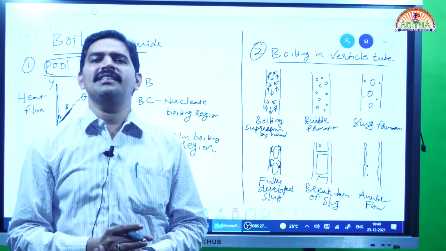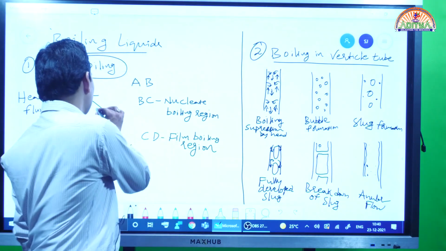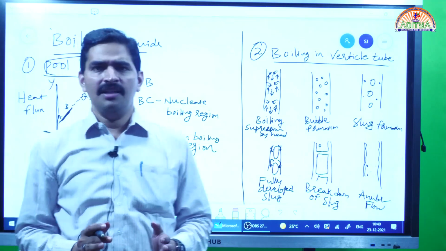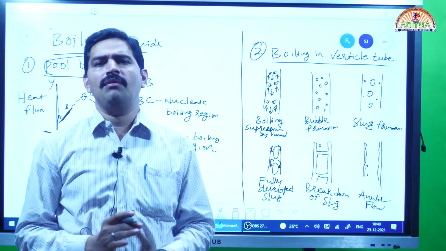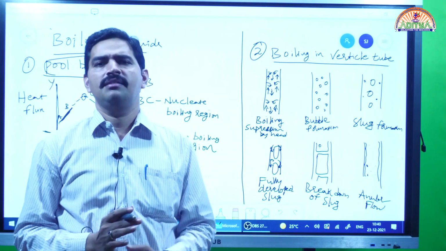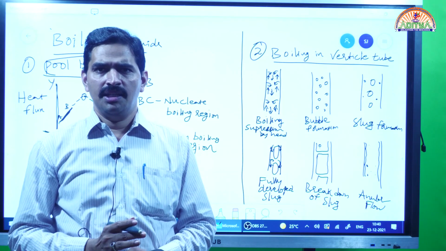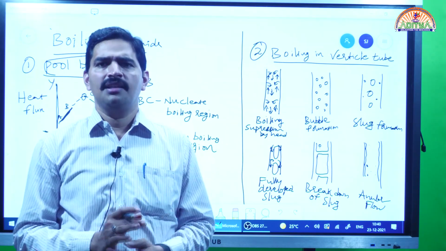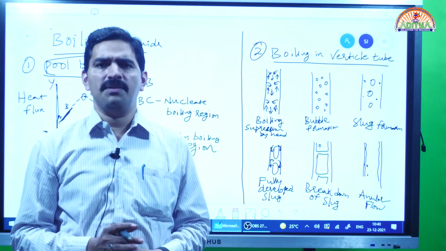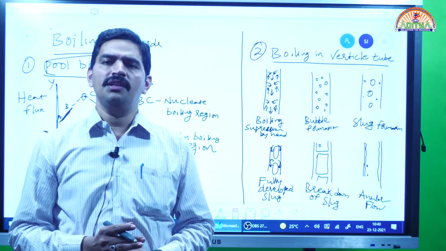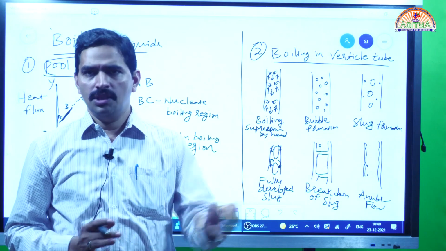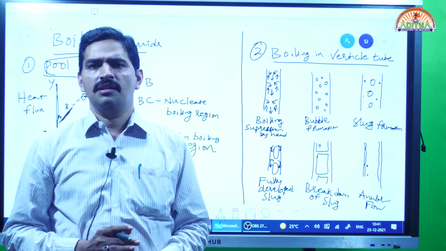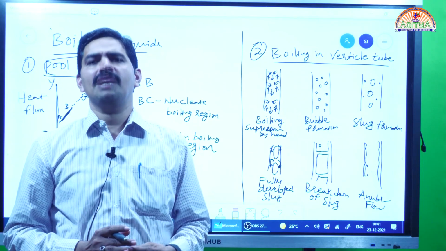After reaching a certain point such as this point D, the temperature of the metal wall as well as the water is going to reach the same temperature. That means the temperature difference between the wall of the water heater and the water is going to be equalized.